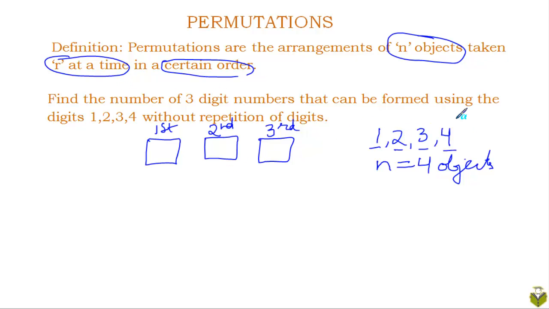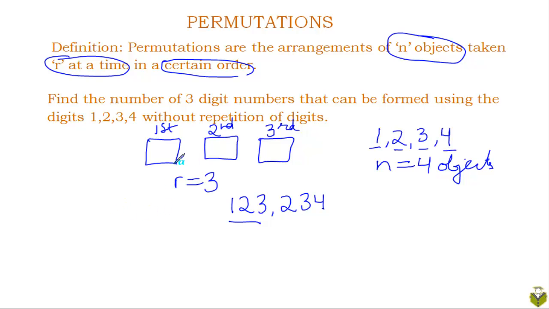So how many objects do you have to take here to make a three-digit number? You have to take 3 out of these 4, right? So r is equal to 3. So all the numbers which are formed, say 1, 2, 3, or 2, 3, 4, you have 3 digits taken out of these 4 objects, and these define a three-digit number. So therefore, 4 objects taken 3 at a time. That's what you are trying to do here.